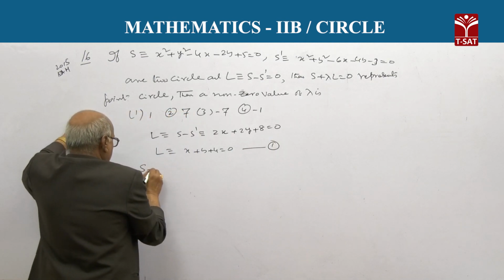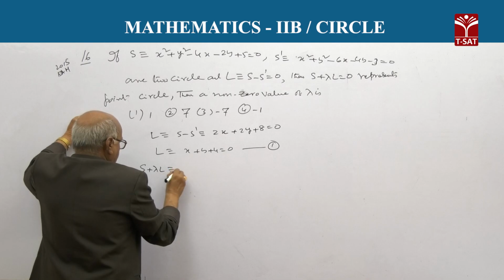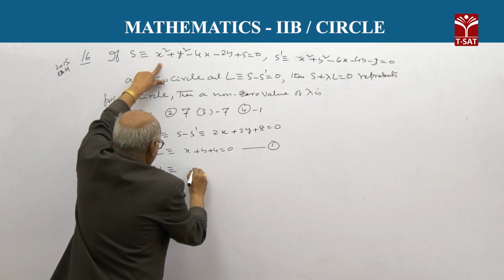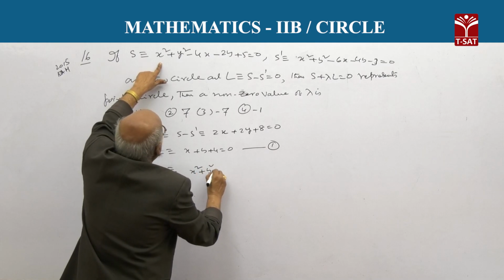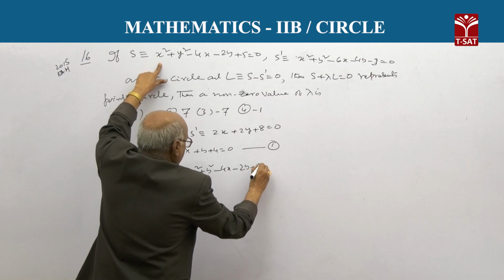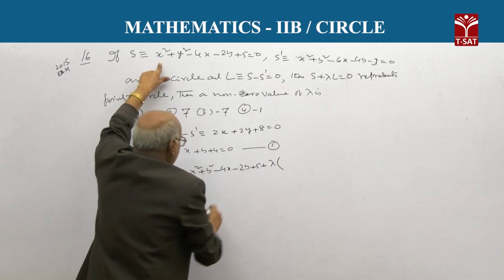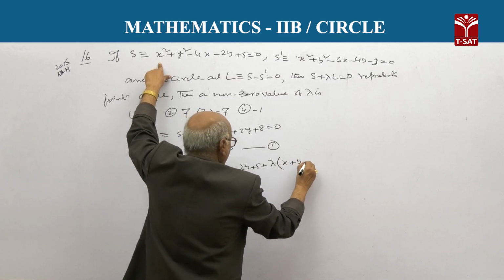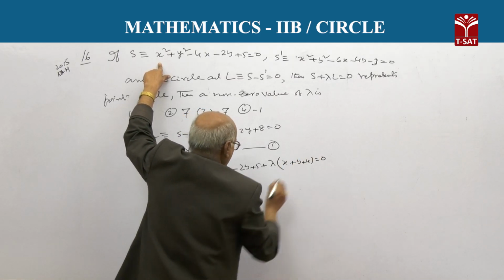Now, S plus lambda L is equal to x square plus y square minus 4x minus 2y plus 5 plus lambda into x plus y plus 4 is equal to 0.